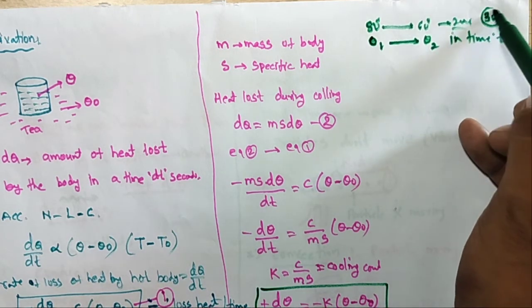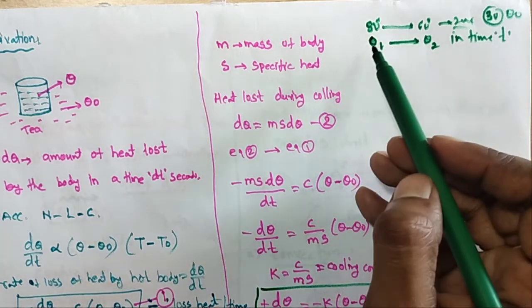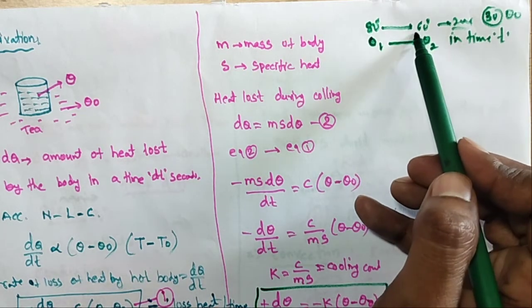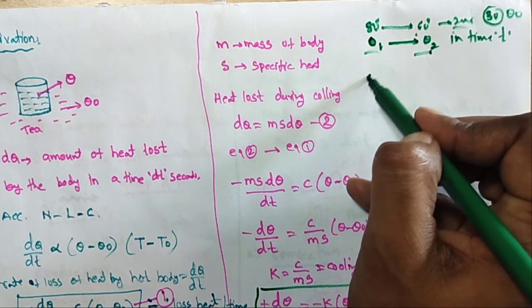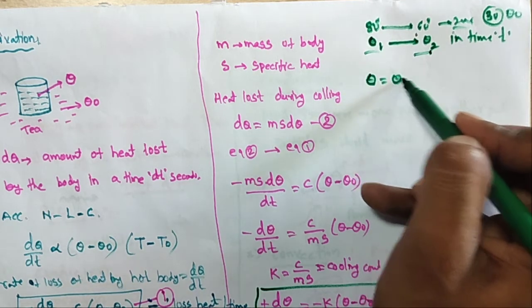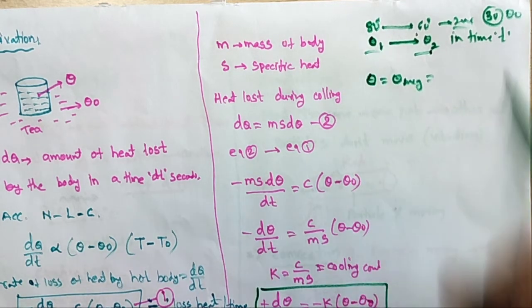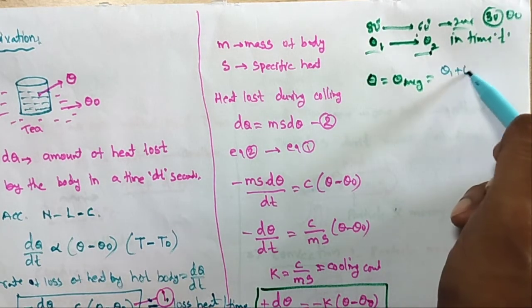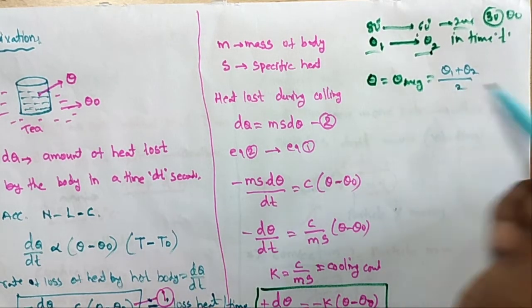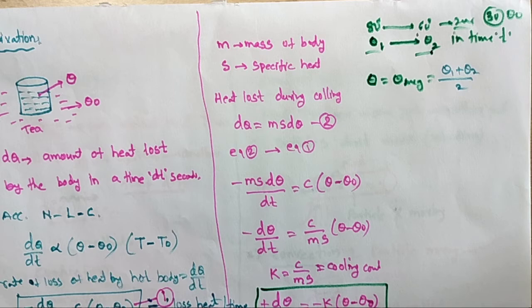This is the surrounding temperature theta naught. So theta average is equal to theta 1 plus theta 2 by 2.